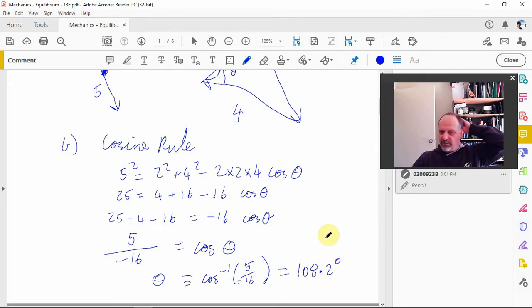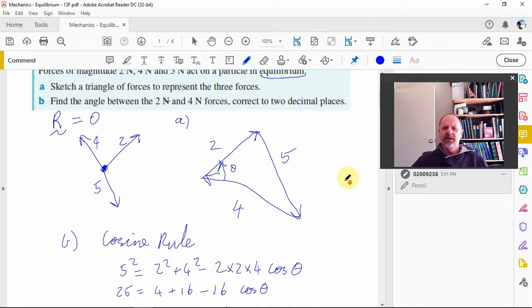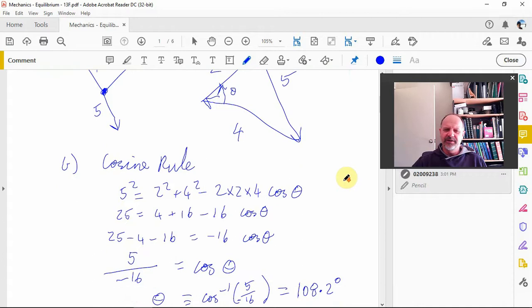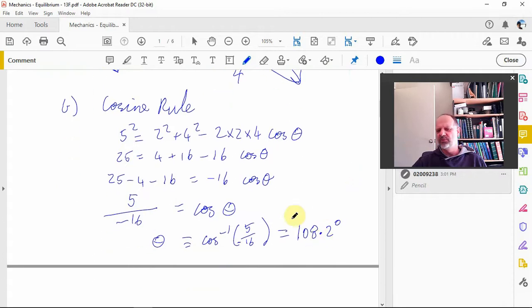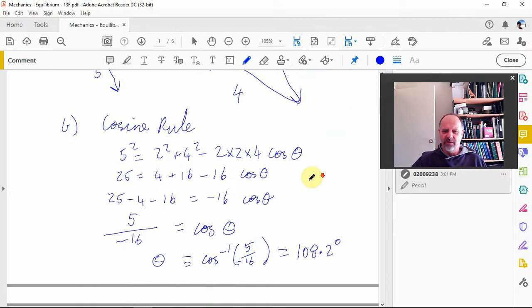Now, what that means is that my triangle that I've drawn is not quite right, so this angle would be going over to here. What we would be after then, if the angle between them, normally we would express the angle between them as the smallest angle, and that's how my diagram looks.